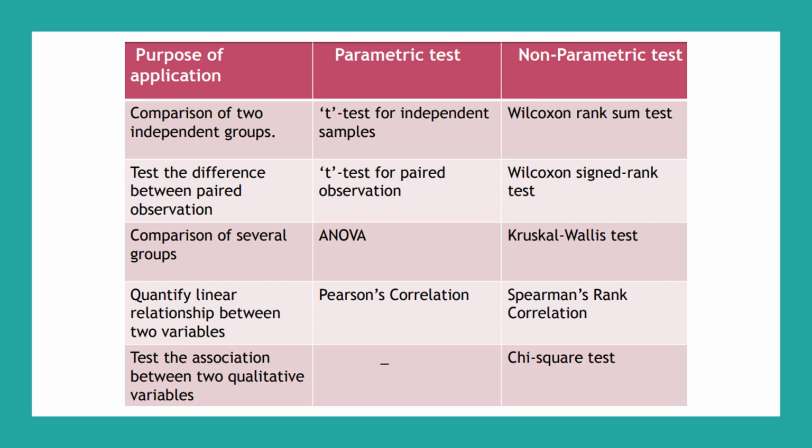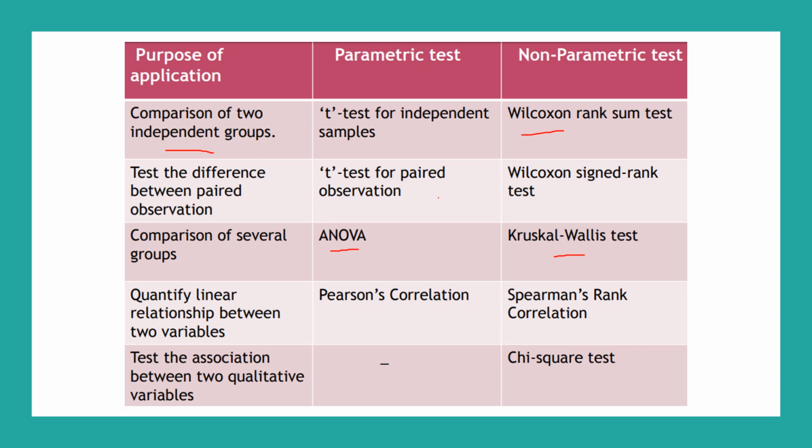Here I have given a few examples where a parametric test and a non-parametric test can be applied depending upon for what purpose you are applying. Suppose you are comparing two different groups, t-test is applied in parametric and Wilcoxon test is applied in non-parametric. If it is a paired observation, it is a paired t-test. If it is between multiple groups, that is ANOVA, and Kruskal-Wallis if it is a non-parametric test.